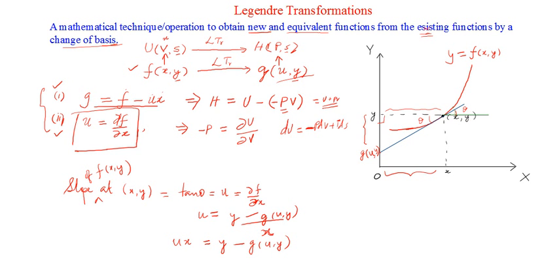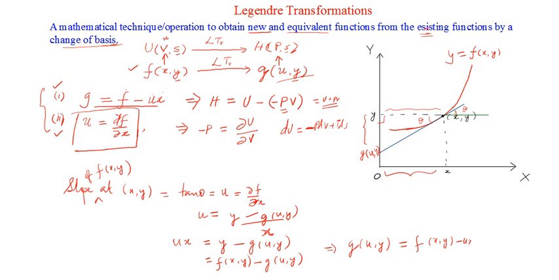So I can rewrite this y as f of x, y, minus g of u, y. Then g of u, y, you just interchange it, is equal to f of x, y minus ux.